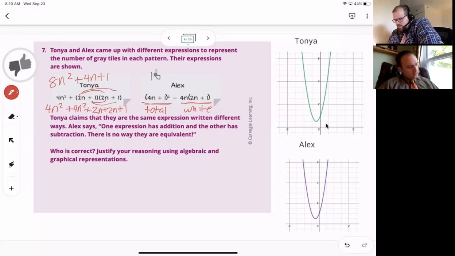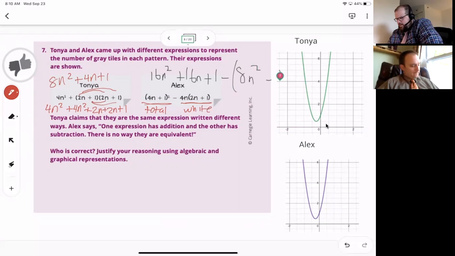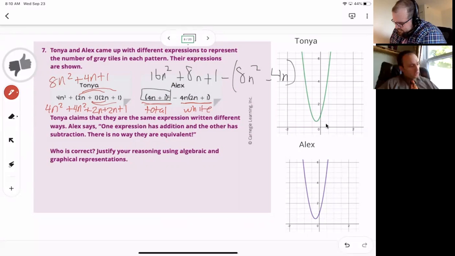I'm going to multiply this one out. 16n squared, that's going to be 8n and 8n, so that's going to be 16n plus 1 minus, don't forget parentheses, 8n squared minus 4n. Where's the 16n coming from? You doubled? Oh, that should be 8n. Sorry. Thank you. See, this is why you should write down your work. So then we get 4n, like you said, plus 1, and 8n squared. So those are the same.